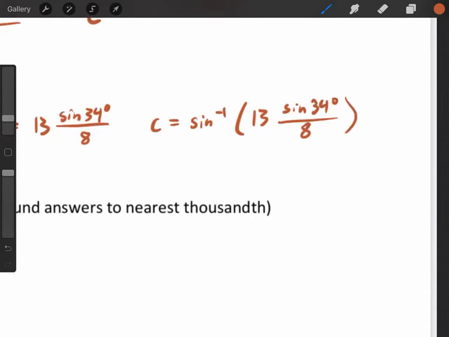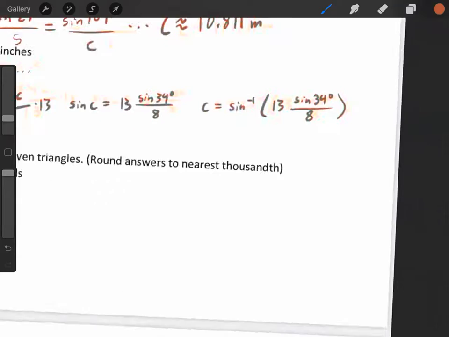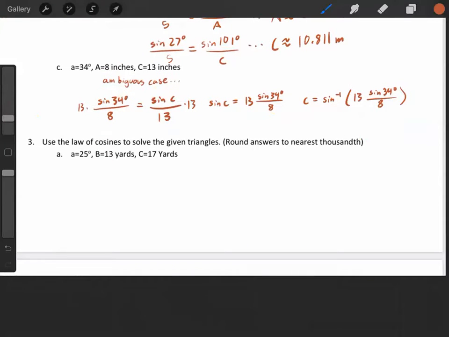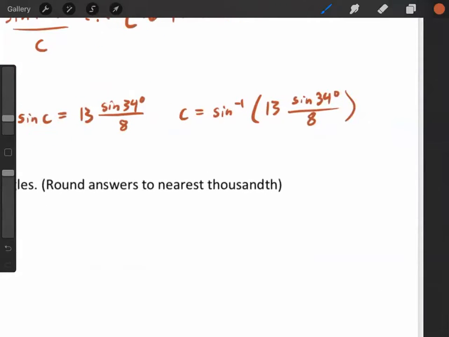Now this gives us two possible results between 0 and 2 pi. However, one of the results is much too large for a triangle. So when we get the other angle, it'll be so large that even adding 34 would not make it a triangle anymore. So sometimes you can just look at an answer.